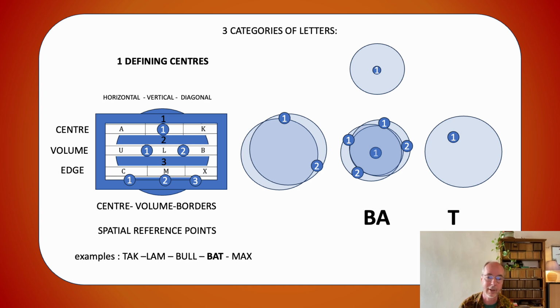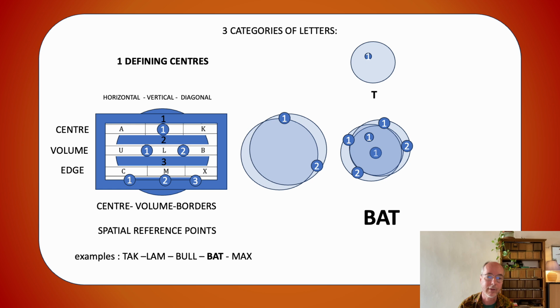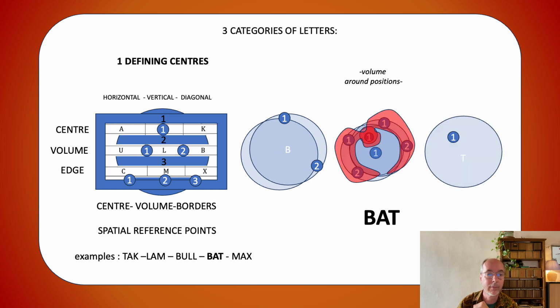So I have a centralized positioning, and I have a volume focused positioning, and that is my reference point to form a bat with this animal in my mind. It could easily fit to it.